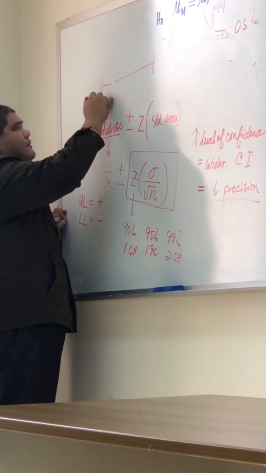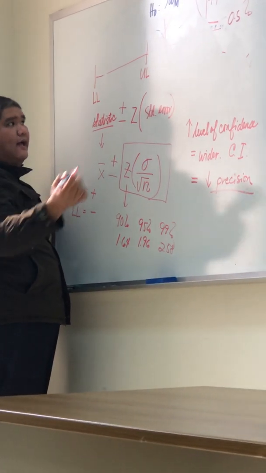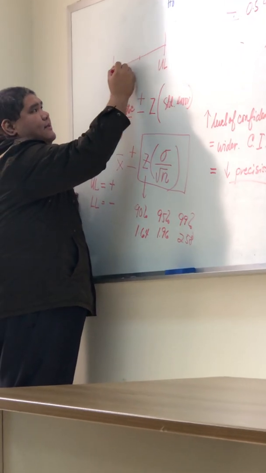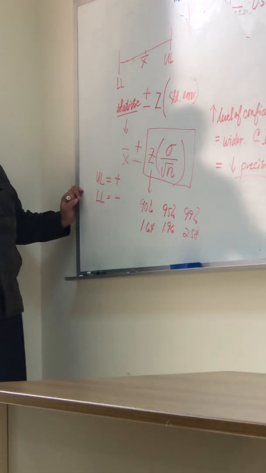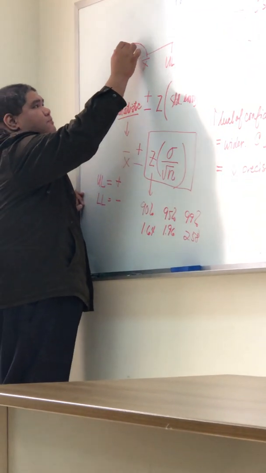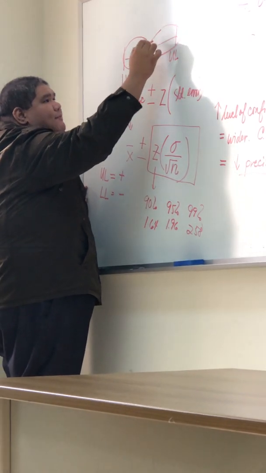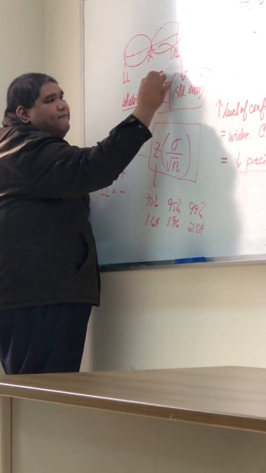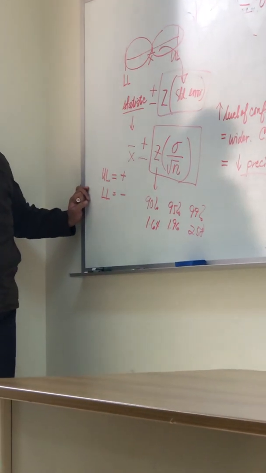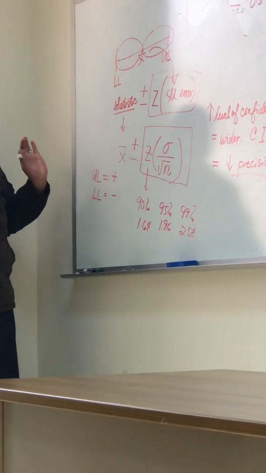This is the lower limit, and this is the upper limit. It is in the middle. X bar will be in the middle because you are simply subtracting and then adding the same amount, which is this value here. You get me? Is it clear? Yes. Making sure it's clear.